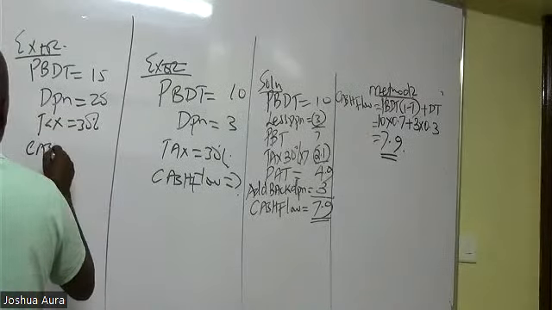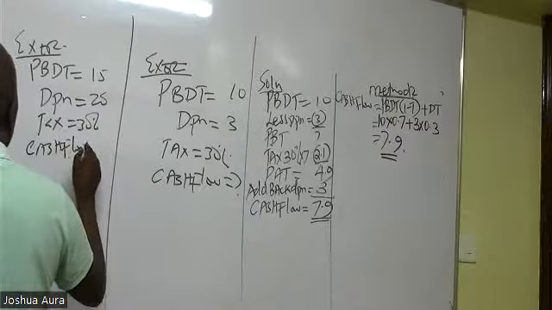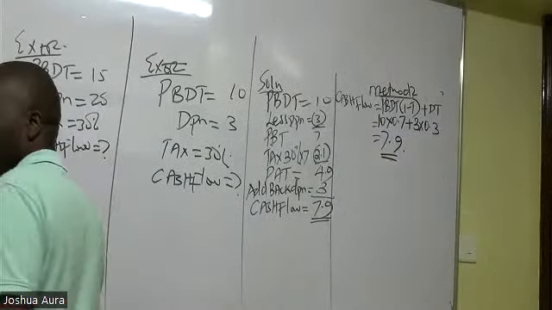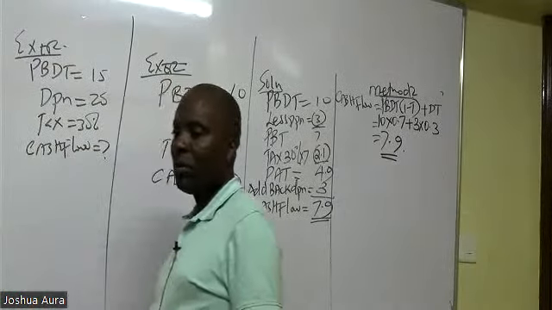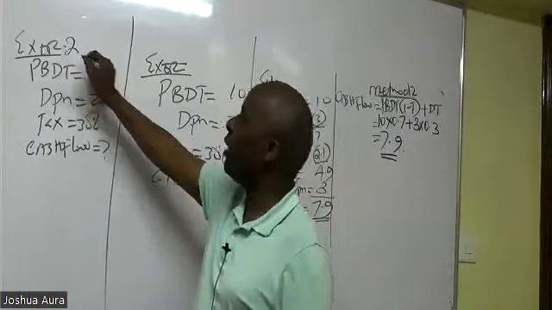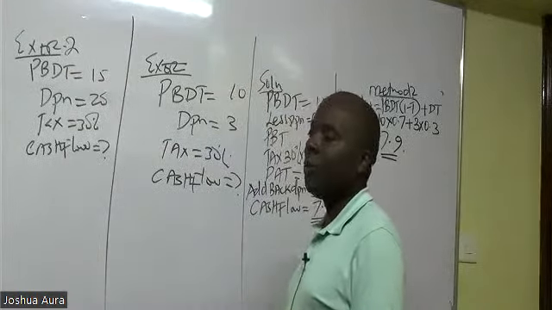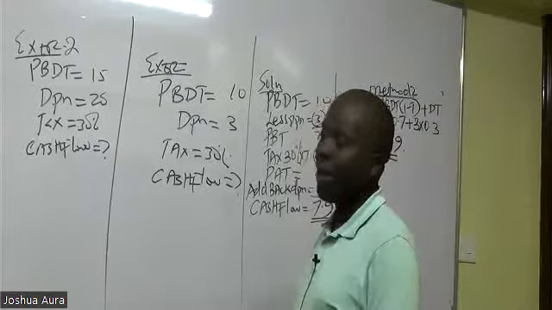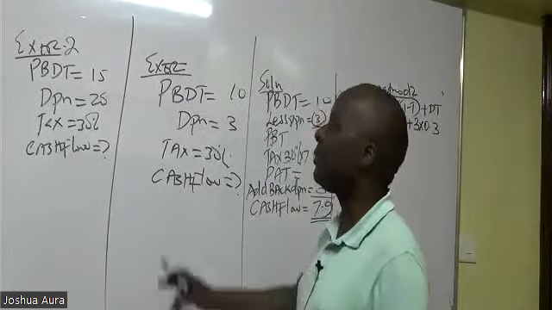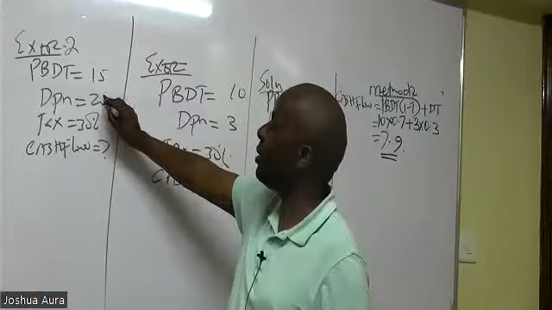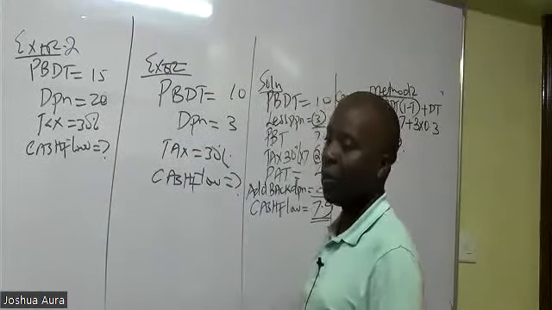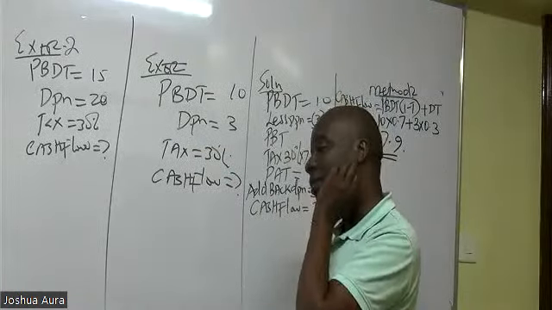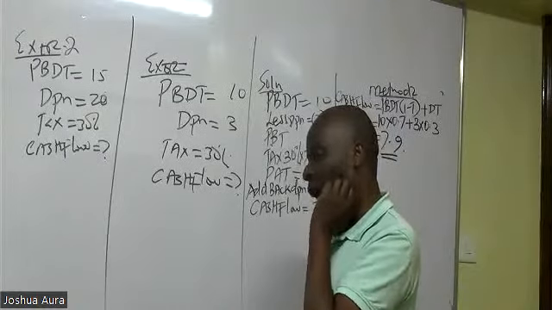Could you kindly give me the cash flow here now? So exercise 2. They have given you profit before depreciation and tax of 15. Depreciation here is 20, which is higher than the profit. Tax is 30%. And then they want you to give us the cash flow.